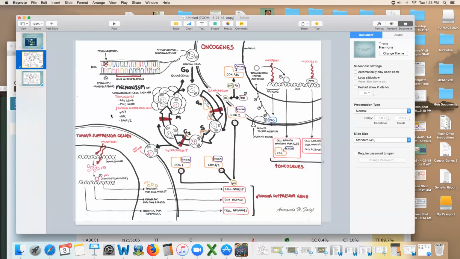The more aggressive cancer we have, the more oncogenes are turned on and the more tumor suppressor genes are turned off. So we want to make intervention by stimulating tumor suppressor gene upregulation, because we want those suppressing the tumor.